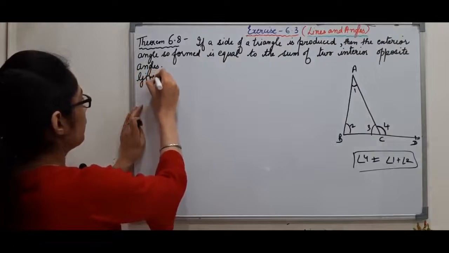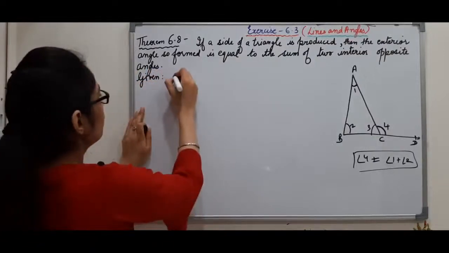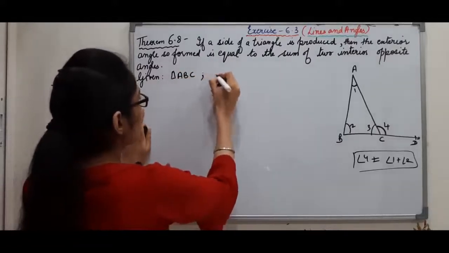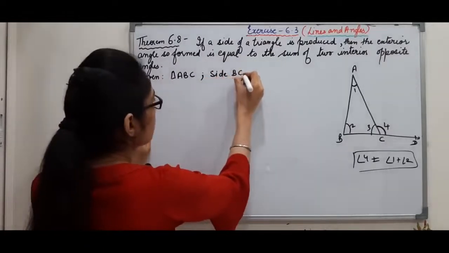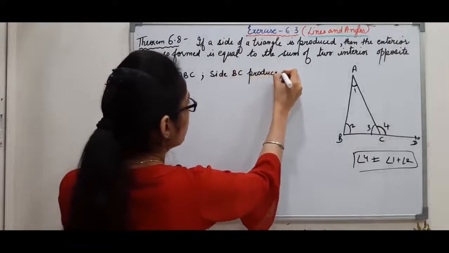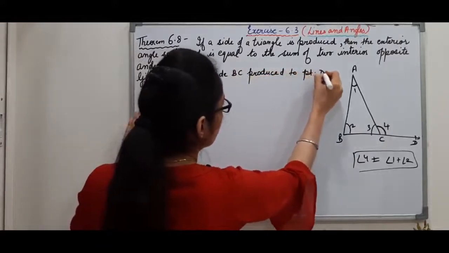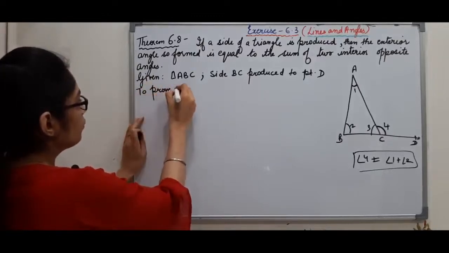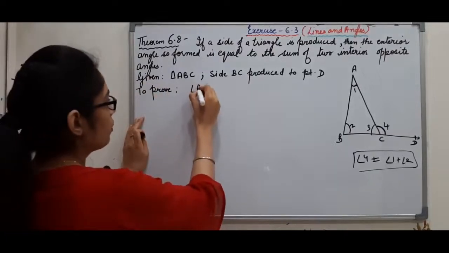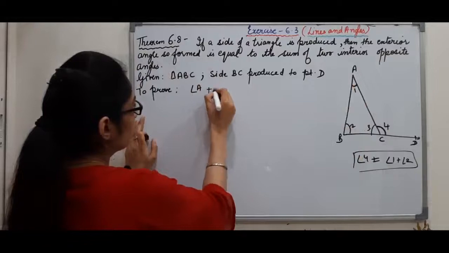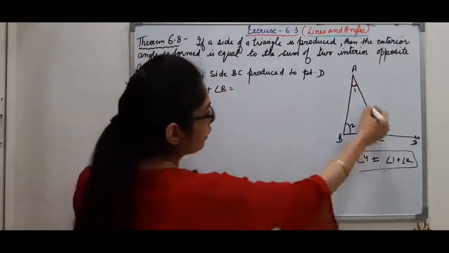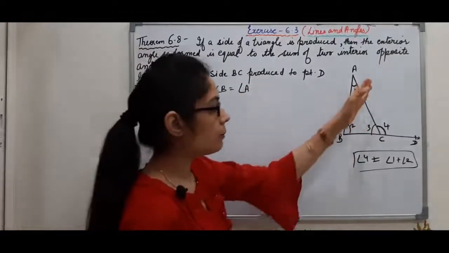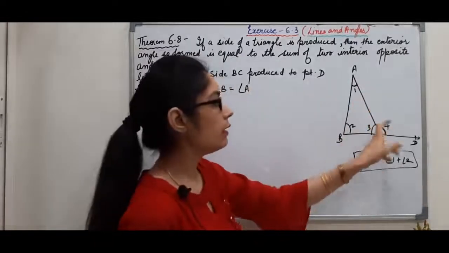Now let's start by writing the given thing. So it's given to us triangle ABC, side BC produced to point D. Now to prove, we have to prove that angle A plus angle B is equal to angle ACD, because exterior angle, angle C, if we mention, it can be interior angle which I have named as angle 3, and it can be exterior angle also.